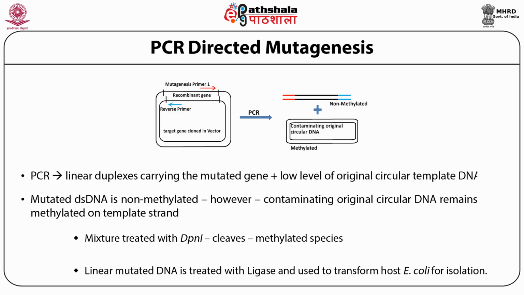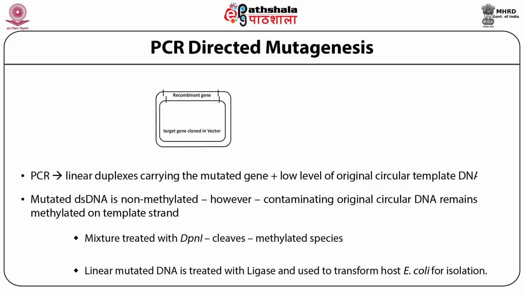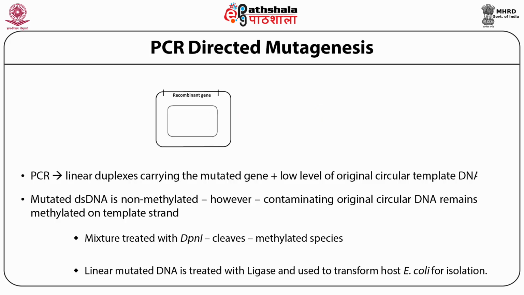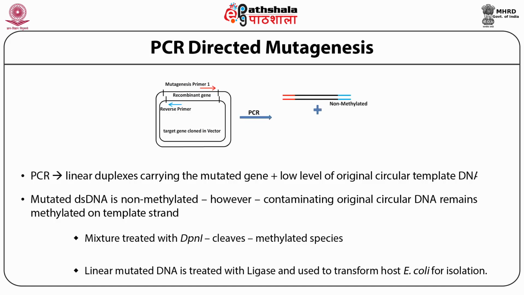Now the linear DNA can be purified from this mix and subjected to a ligase, where the DNA again takes its original covalently closed form as a plasmid. After this treatment, the recombinant plasmid harboring the mutation in it can be retransformed into another fresh E.